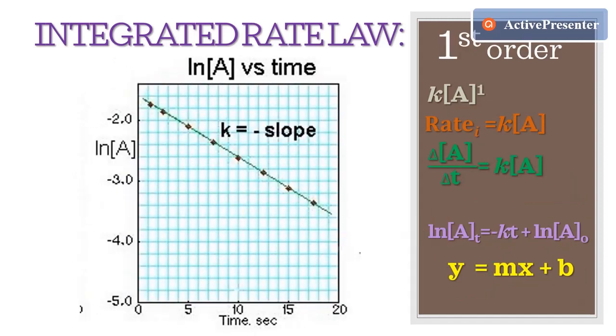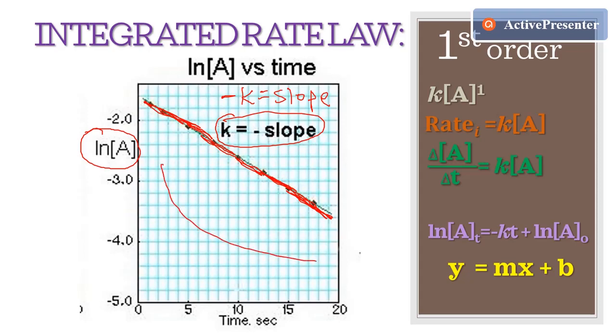Now here's the first order graph, and this is going to be the natural log of the concentration of A, and the k is going to be your negative slope, or of course you could say negative k equals the slope. It doesn't matter, it means the same thing. And this is going to be a straight line because we used the correct first order formula. So if you're doing these problems and you plot them on a graph and it does something like that, it doesn't give you a straight line, then you've got the wrong order.